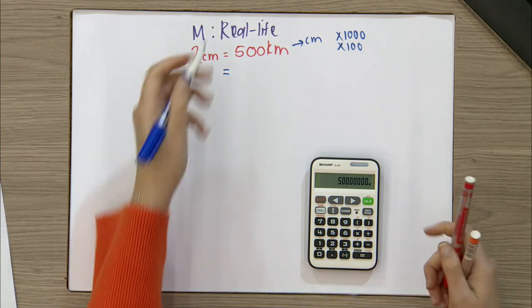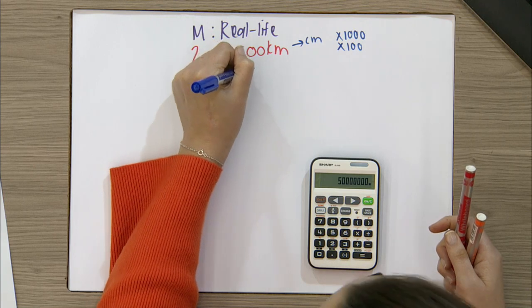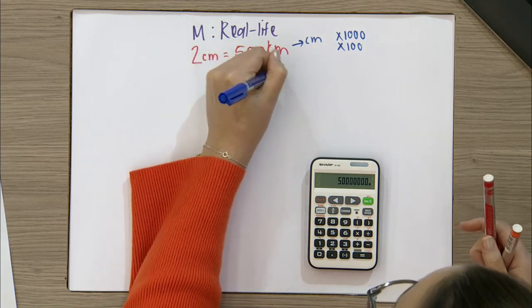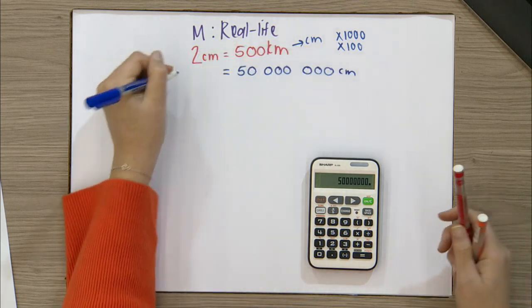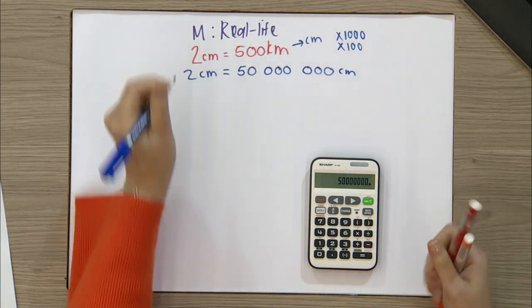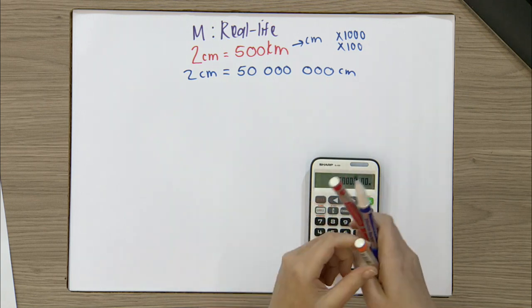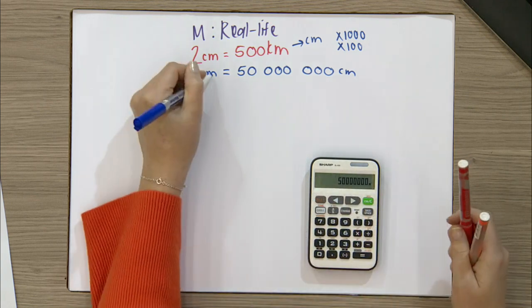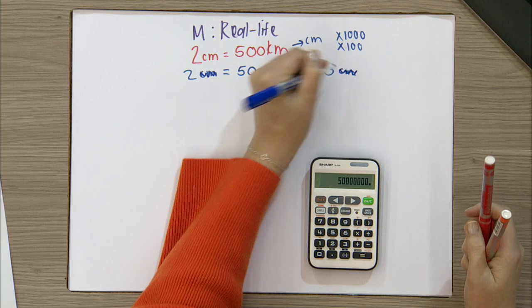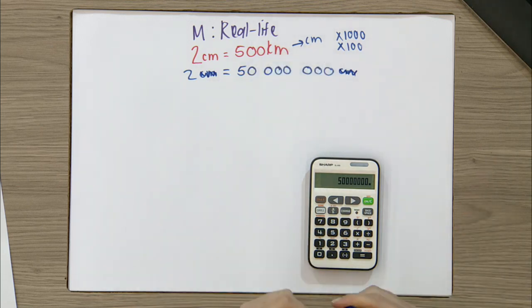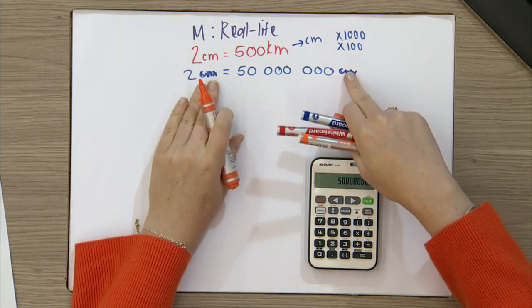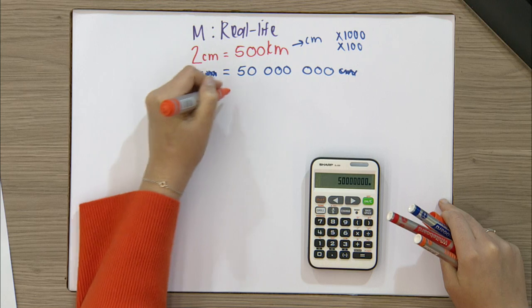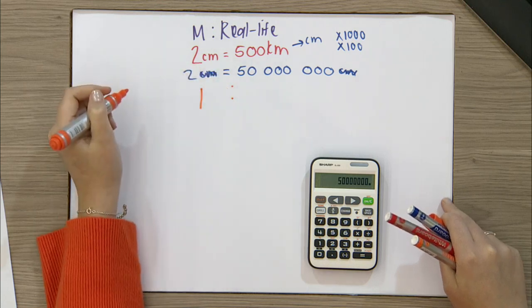So what I have now is 50 million centimeters, and on this side I have 2 centimeters. So because I'm working in the same unit, I don't have to write my unit, and I know the question is asking for the answer in a unit form. So I have the same units. I know it expects me to have 1 to something.